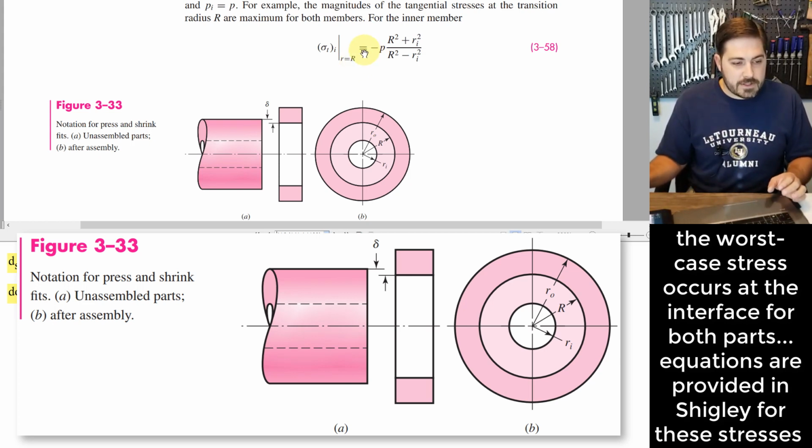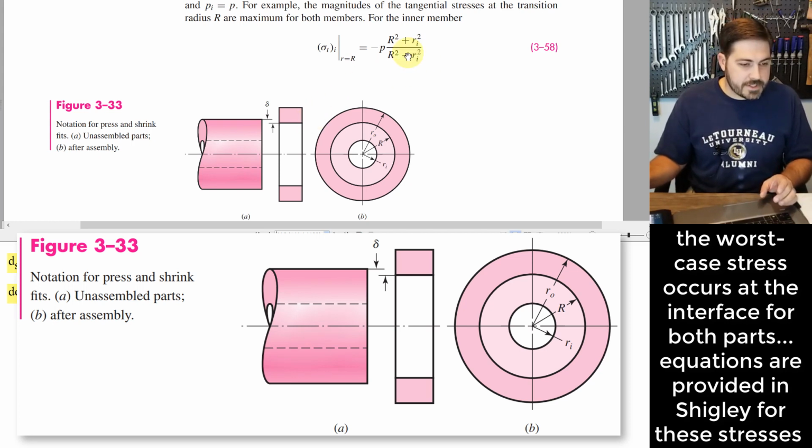And then it's giving this to us with this equation that has interface pressure, that radius at the interface between the two parts, and then the inner radius. I should mention what that is. This is assuming a case where you have a hollow shaft, or sometimes you might have a solid shaft where you don't have an inner size of this thing, and in those cases you plug in an Ri value of 0.